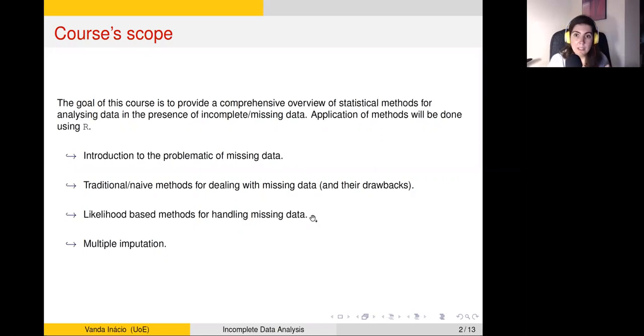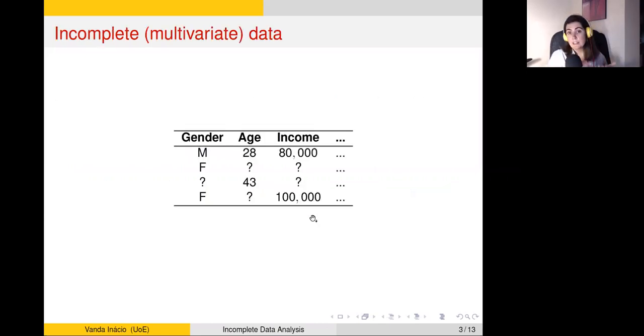And just to give you an idea of how an incomplete data set might look like, suppose as a hypothetical example that we were interested in the effect of gender and age on income, and so a study was designed and data were collected, and suppose that the first 4 rows of the data set are shown here in this table.